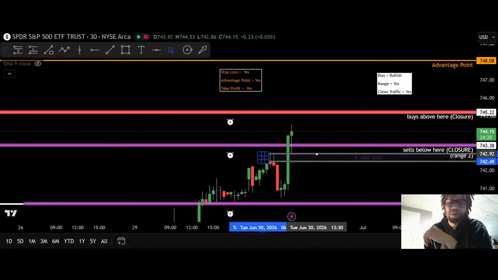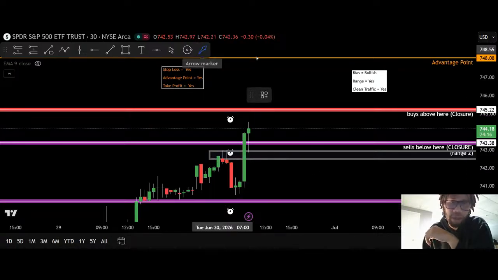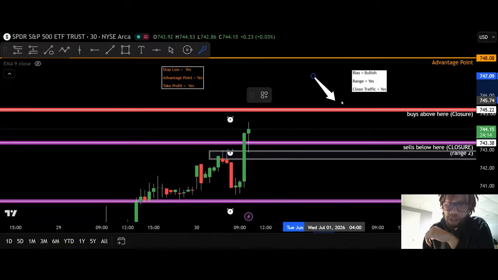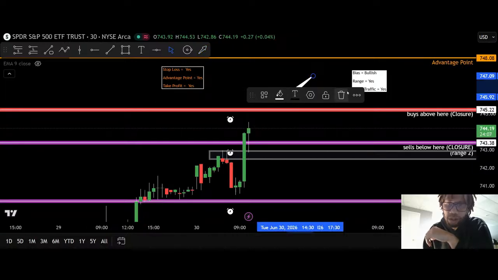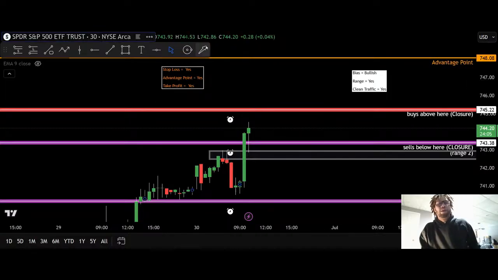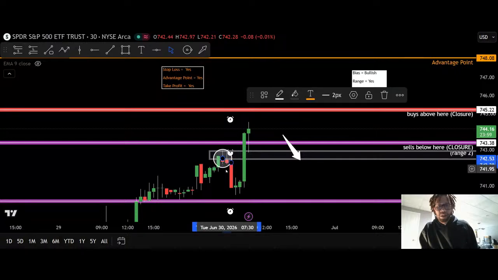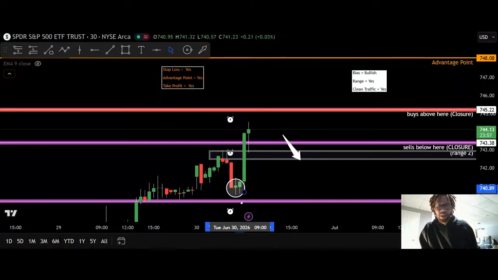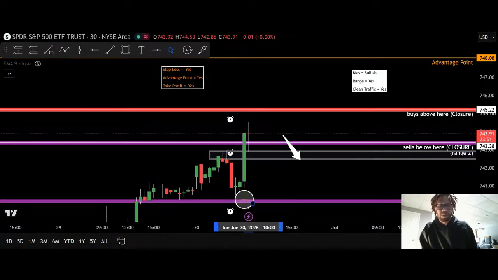I'll have this box around these pre-market highs to give me more conviction. Price would have to close above here to take these buys because we retested this resistance. And if we start trading back inside the range and then give me a resistance, I would take sells coming back, which is a range two, pretty much come back down, break, and retouch.